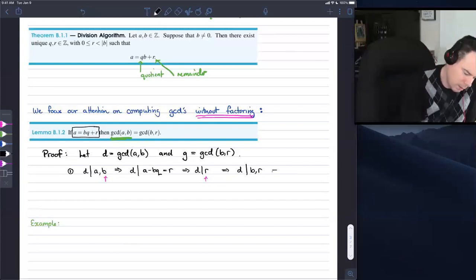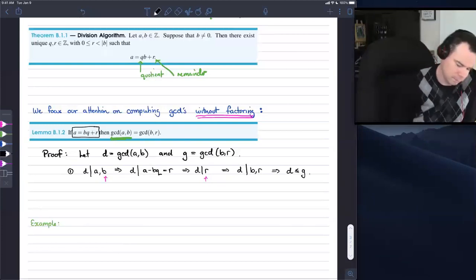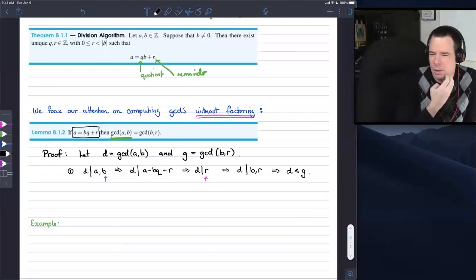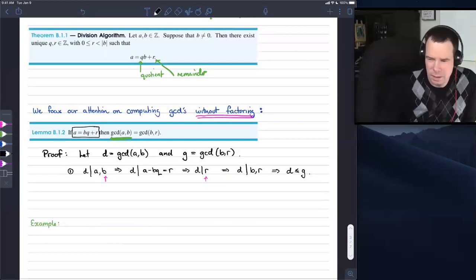So that means that D has to be smaller than or equal to G. So we have this relationship now between D and G, and that is that D can't be bigger than G.